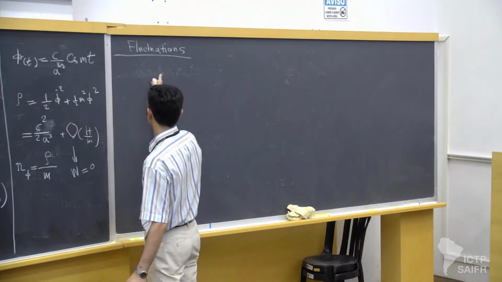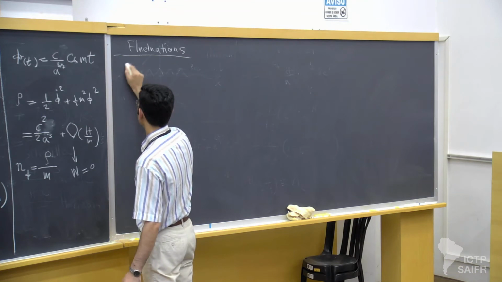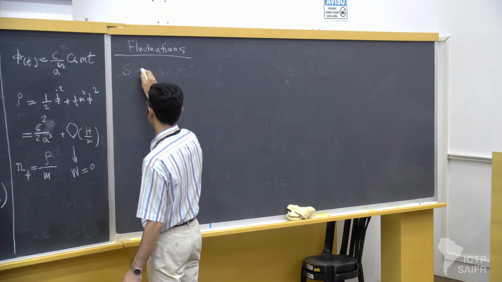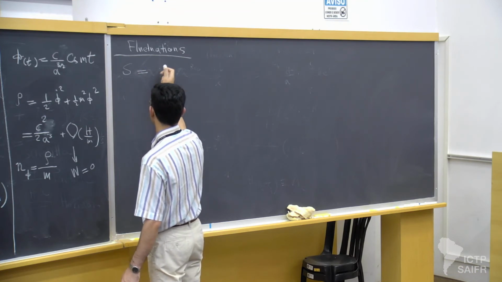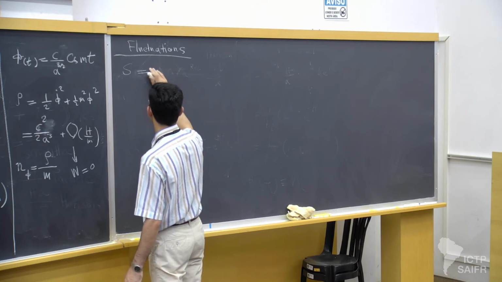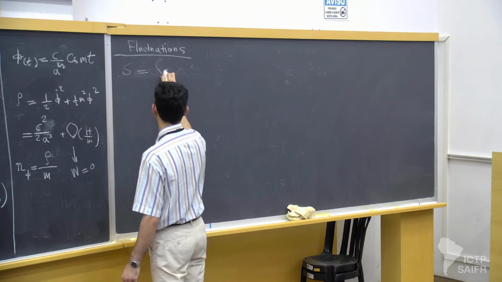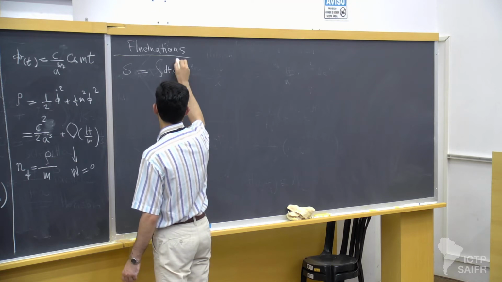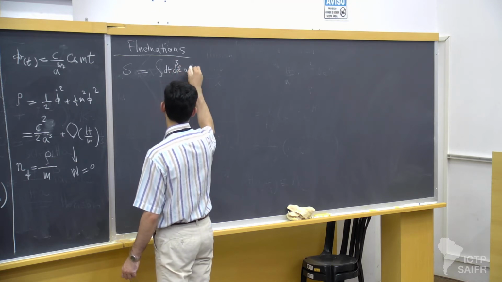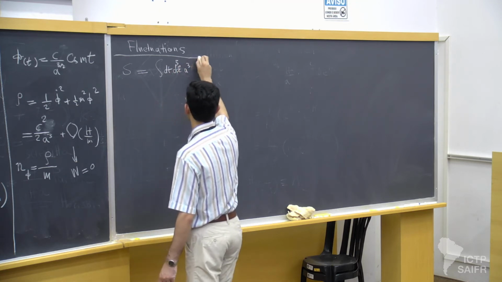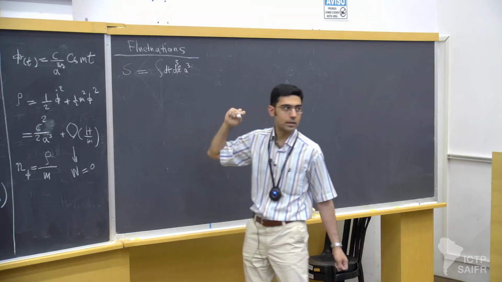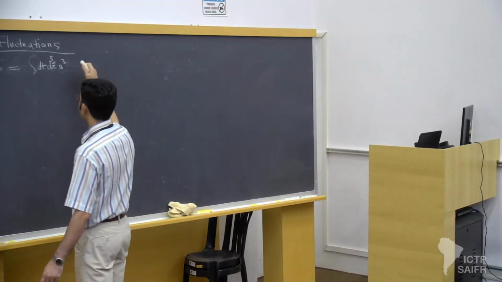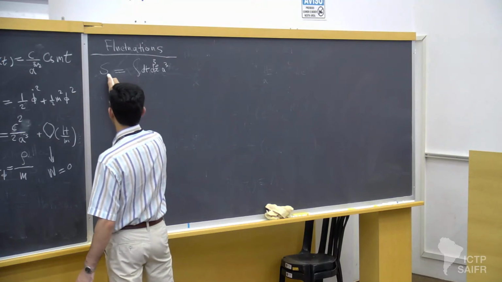Now I want to consider the situation when the field is also fluctuating in position space, inhomogeneous. So I'm going to keep the gradients, and let me call it by this curly phi.